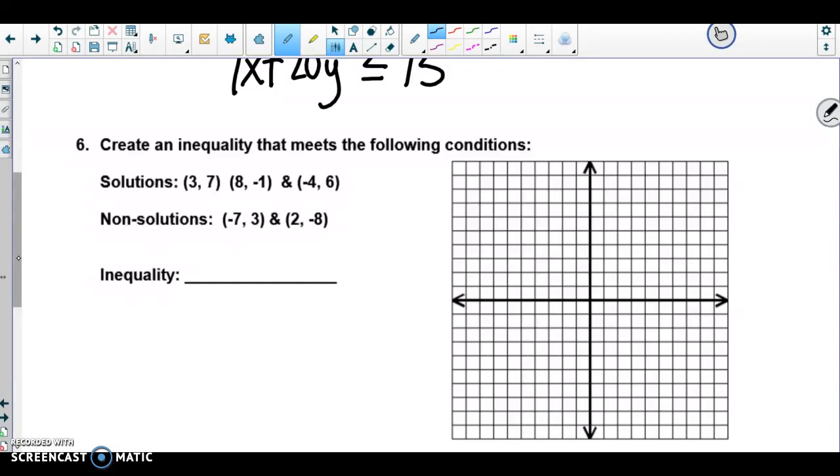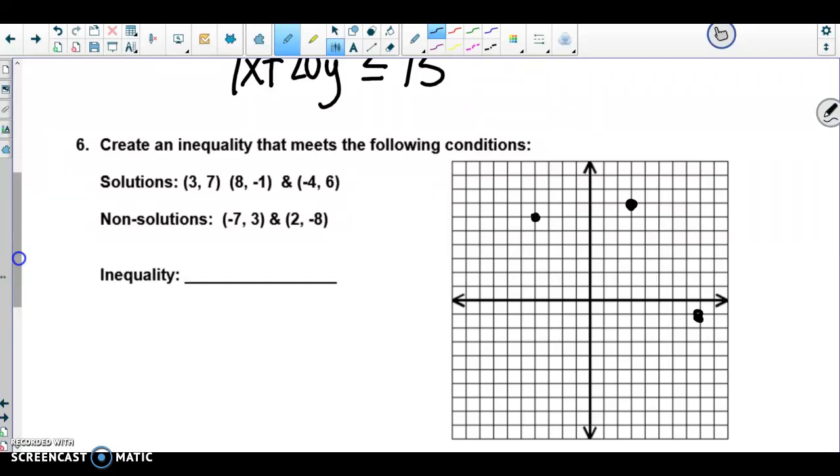Create an inequality that meets the following conditions. So I have these solutions. These are solutions. So (3, 7), (1, 2), (3, 4), (5, 6), (7, 8), (negative 1, negative 4, 6). Yeah, so those are all solutions.